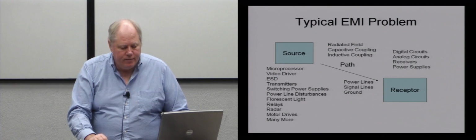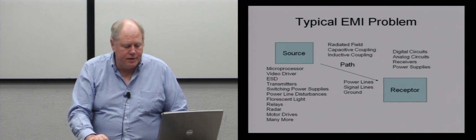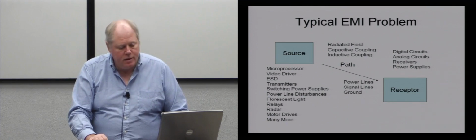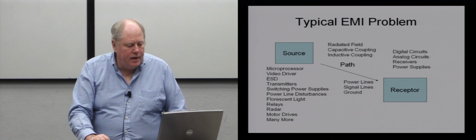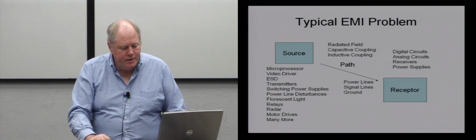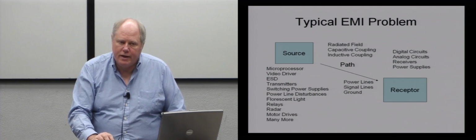And then you have what it's causing a problem in, and that's the receptor. Your device could be either end of this, or it could be the path as well. Parts of your device are probably the path. If you can identify what these pieces are, that gives you a way to start thinking about how you can solve it.